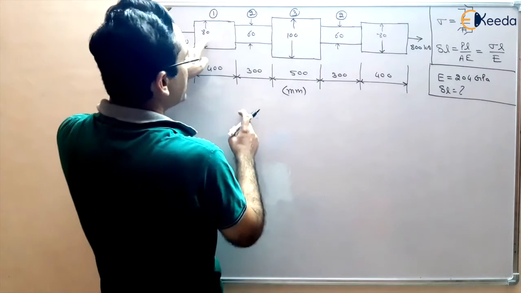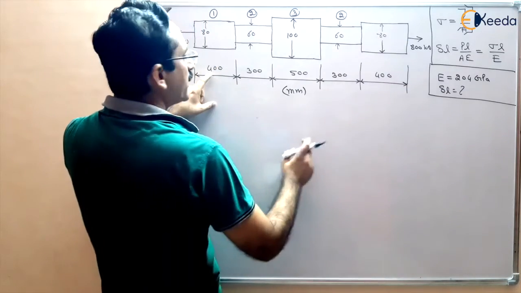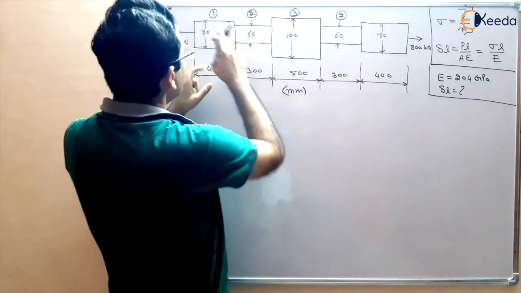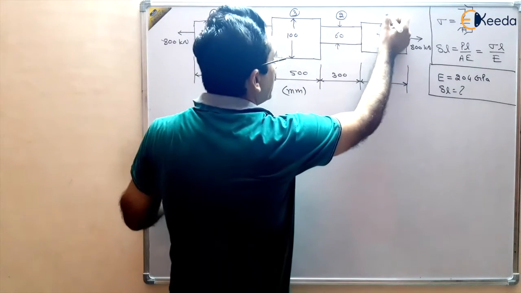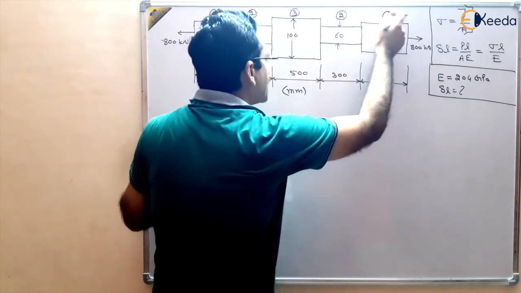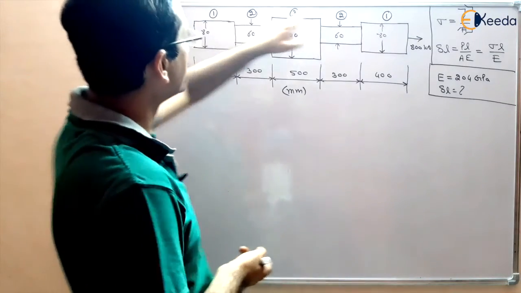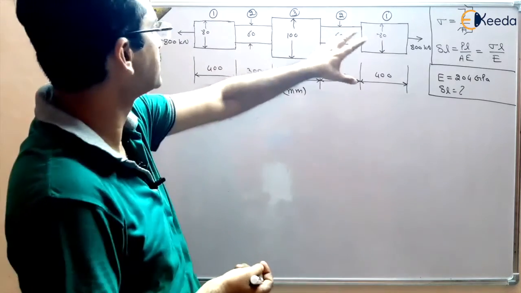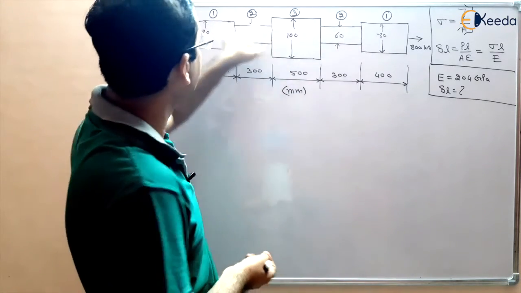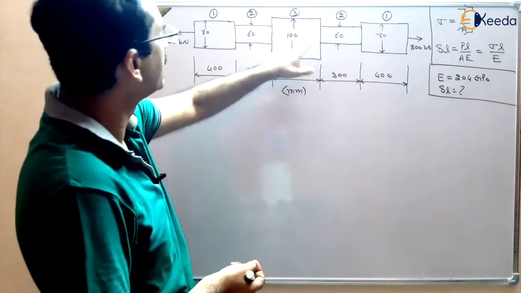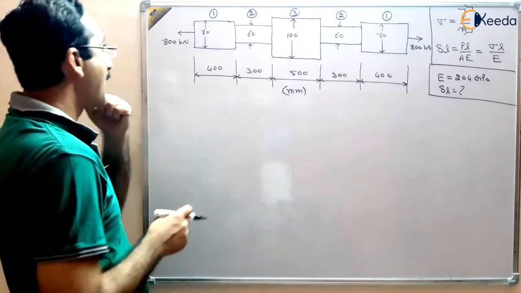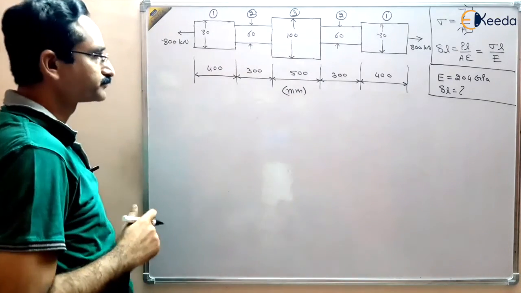And this section is 80 mm dia, 400 mm length, so this section is again repeated and the change in length will be the same, so we write 1 multiplied by 2, because the two sections are similar. And this is the middle section 3.